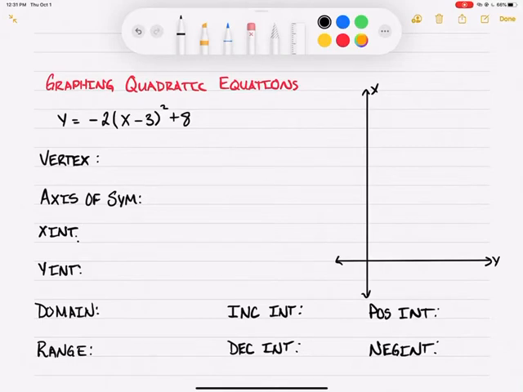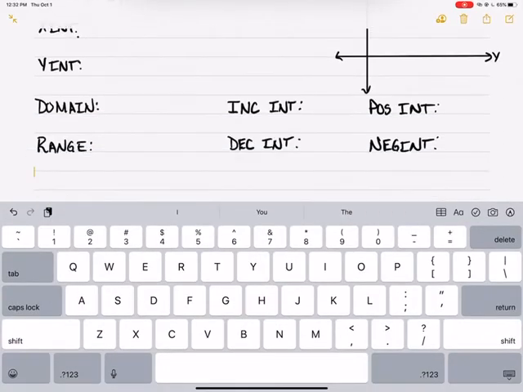So first off, I'm looking for my vertex. My vertex is always a value called h comma k, and the h value always comes from whatever x is attached to, x minus 3 in this case, but it's always the opposite sign. So here I see x minus 3.